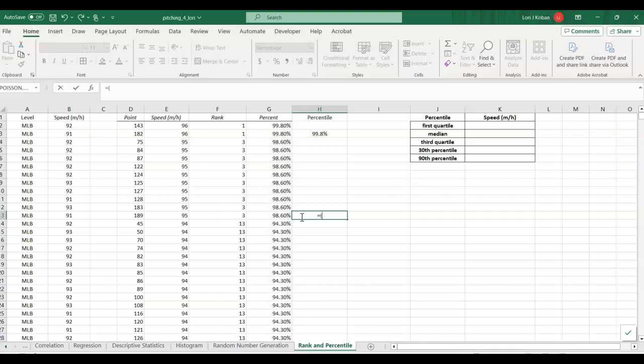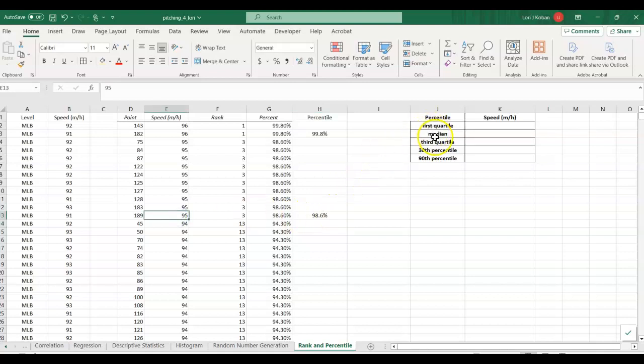So if we take our 839, take away 12, divided by 839, we are at the 98.6 percentile, because that data point, 95, is the 98.6th percentile, because you're bigger than 95% of the data.